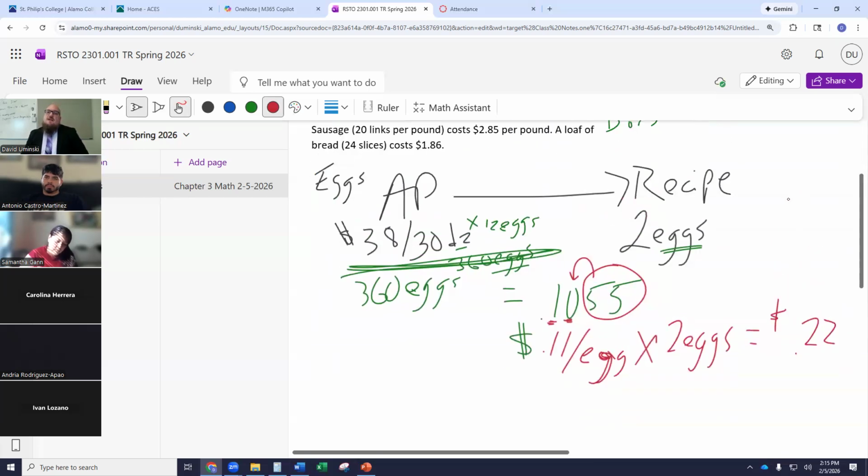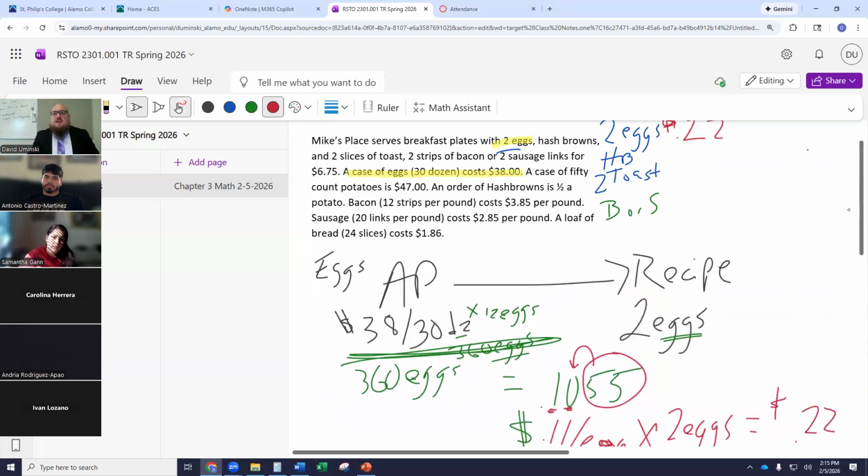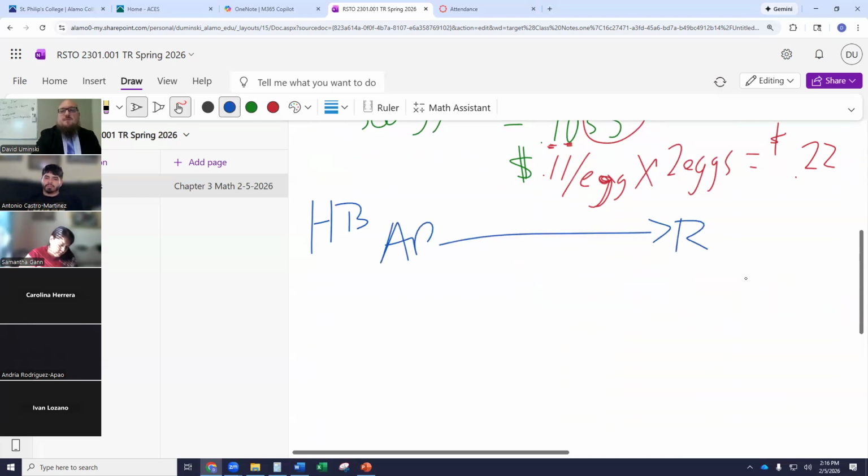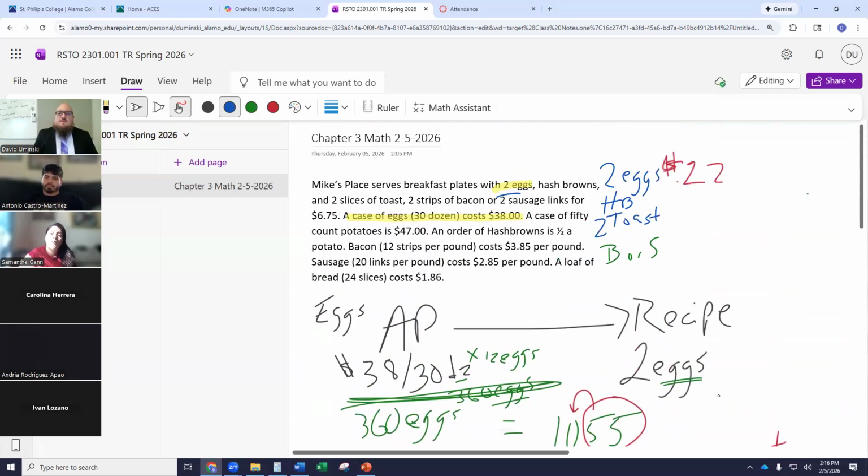Okay. Now let's go to the next one. What's the next ingredient? Hash browns. What I like to do is go different colors on my notes so that it distinguishes and differentiates between the two. So my hash browns, I do AP to recipe. My recipe says an order of hash browns is half of a potato.